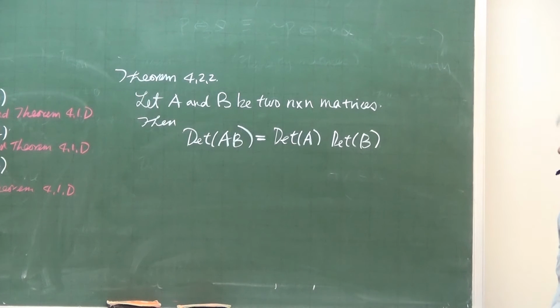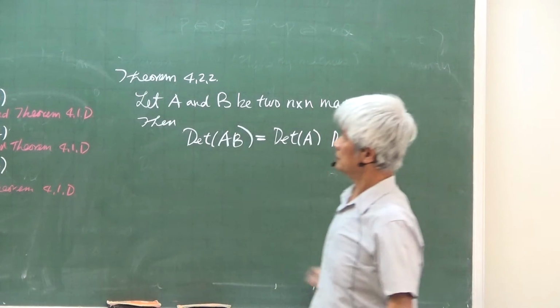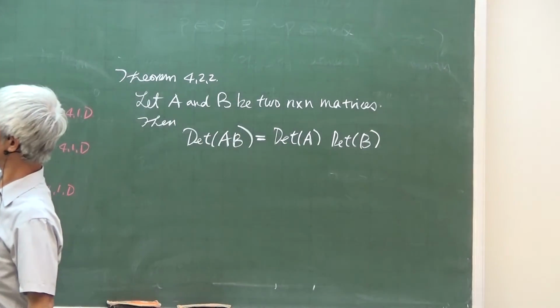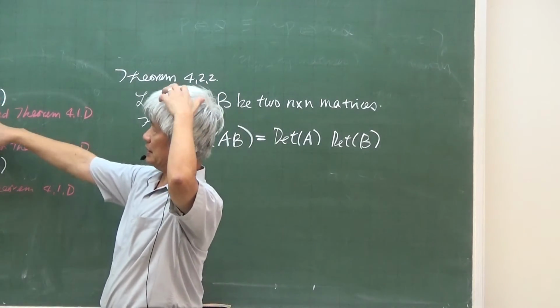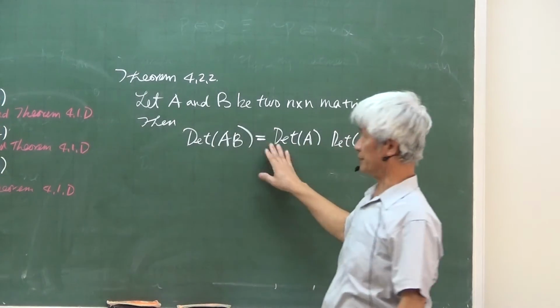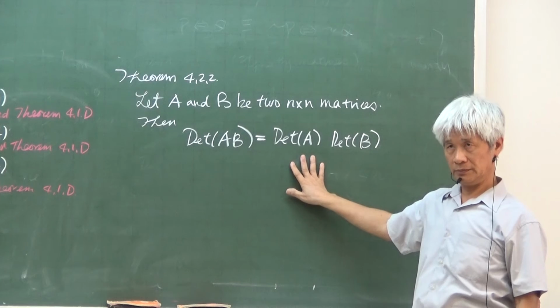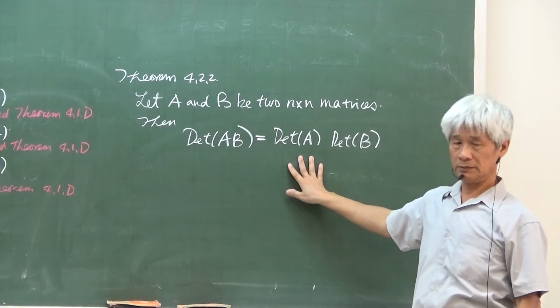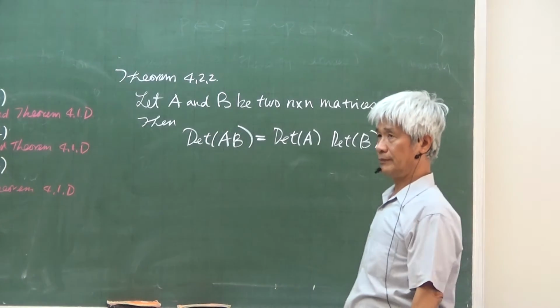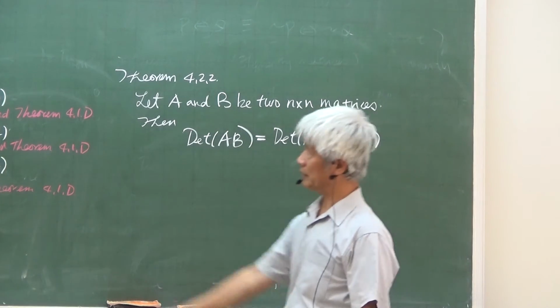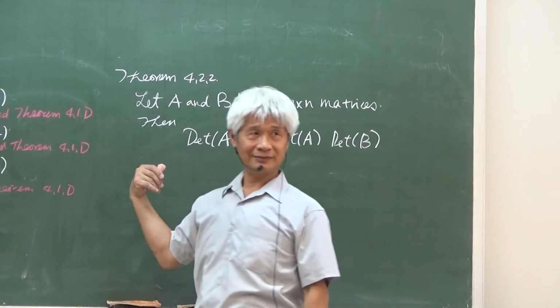This is what we want to prove. When we see this lemma, you can see that the results of this lemma are just special cases of this general theorem. On the other hand, we will use this lemma to prove that.